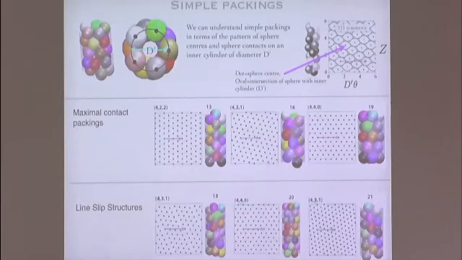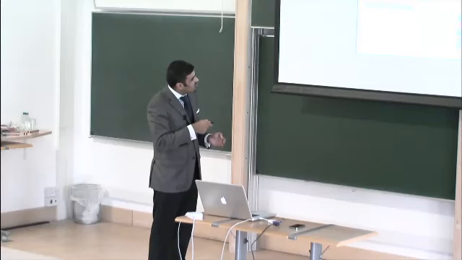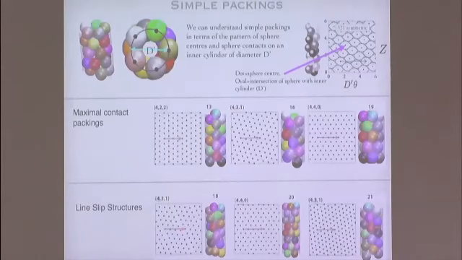So all we did was we unrolled some other structures onto the plane, and what we found was that most of the packing, for most of the spheres, they have 6 nearest neighbors. But there's a region here, like a line going across, where this point here, for example, has contacts with 1, 2, 3, 4 spheres on this side, but with a 5th sphere on the other side, there's a missing sort of contact here.